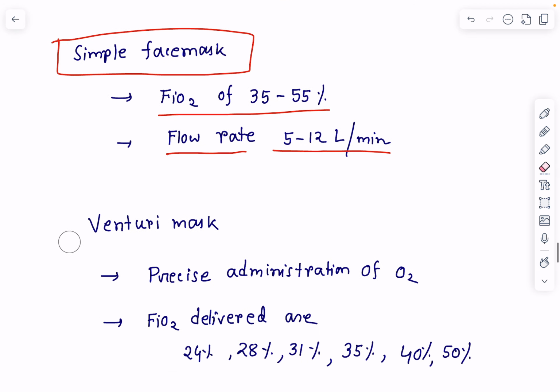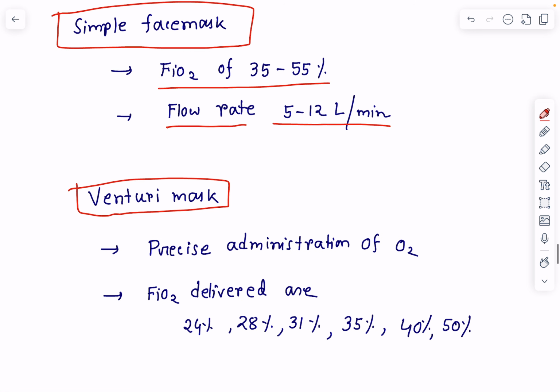Now, venturi mask. What is the difference between venturi mask and simple face mask? With venturi mask we can deliver a precise amount of FiO2. So precise administration of oxygen is possible via venturi mask. We can control the amount of FiO2 we want to deliver. Different FiO2 delivered by venturi mask can be 24%, 28, 31, 35, 40 and 50%.